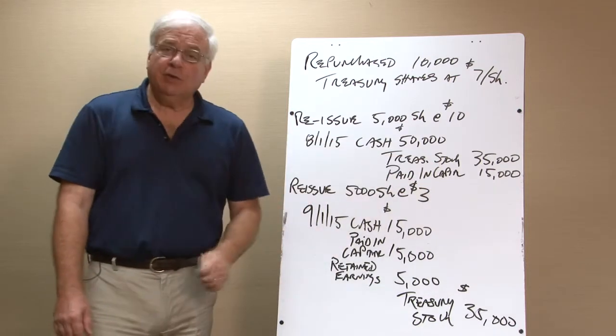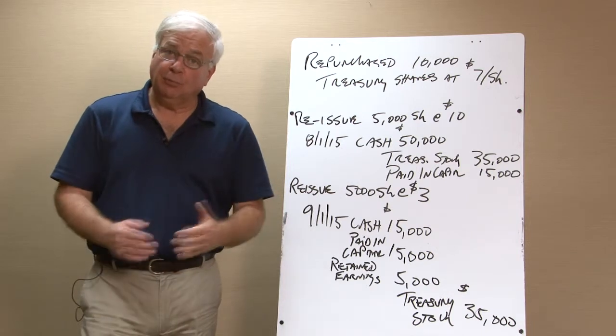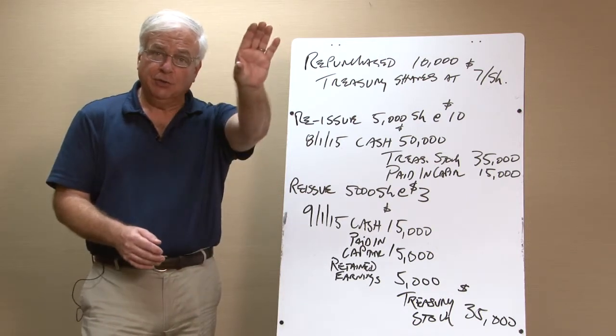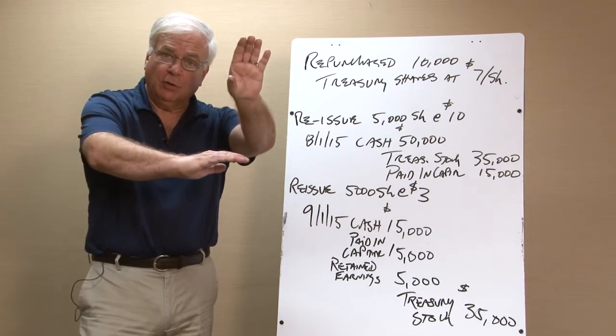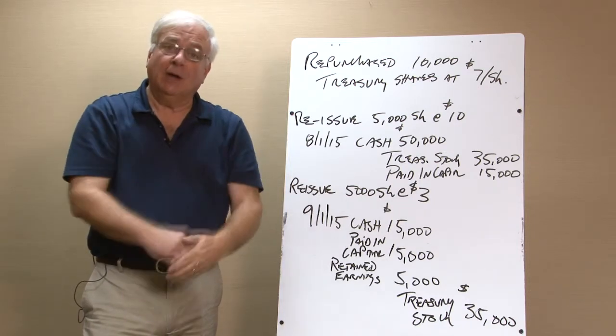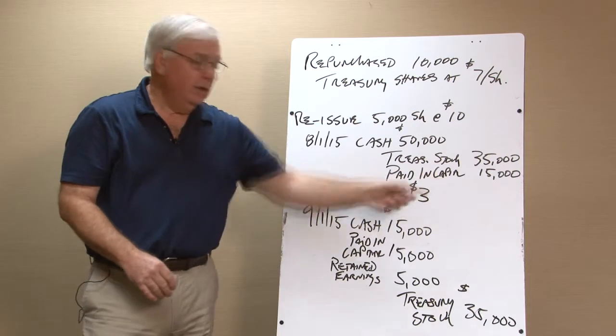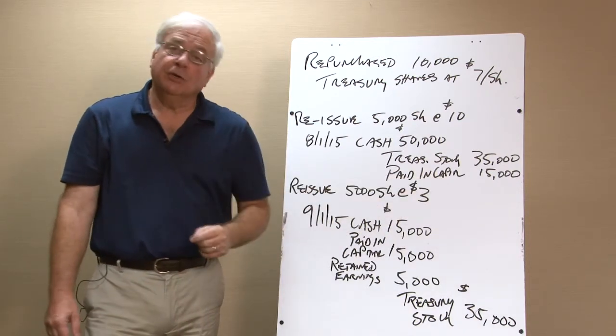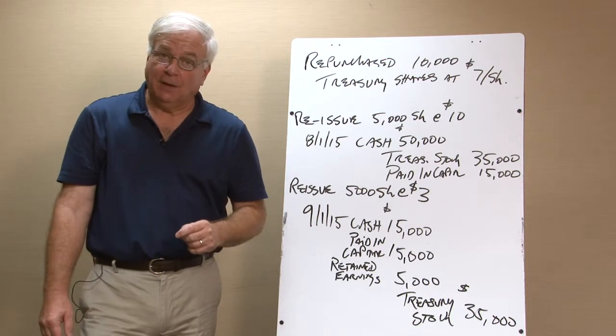So you can see this transaction is going to actually create some paid-in capital. It's the difference between the $10 reissue price and the $7 cost. $3 times 5,000 shares is $15,000. Now that's if they reissue at a price above what they paid.